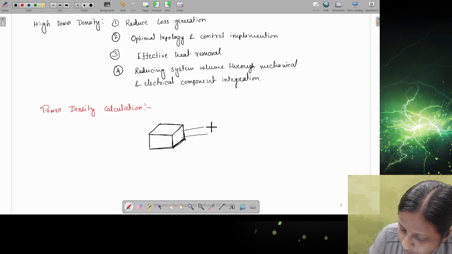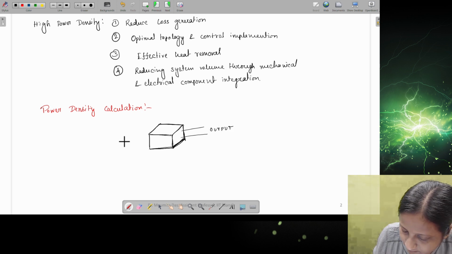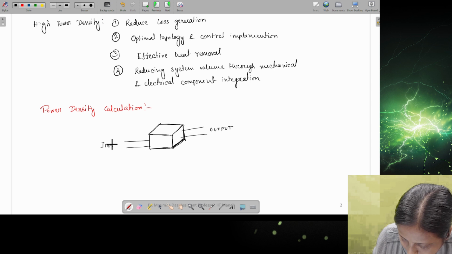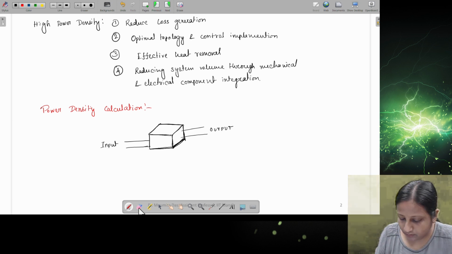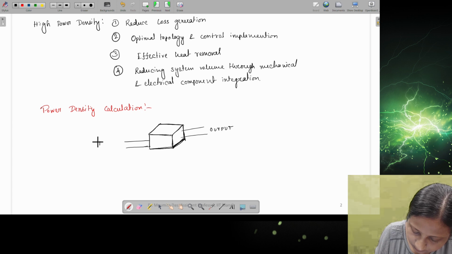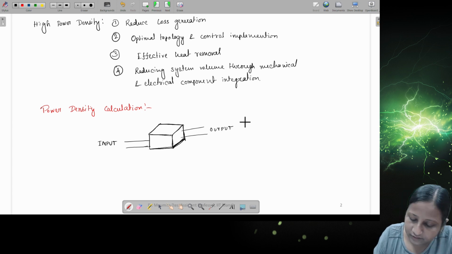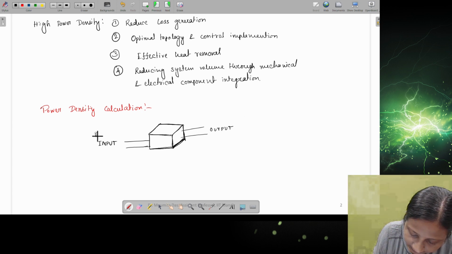This is the output, and here comes the input. This input and output are electrical input and electrical output.